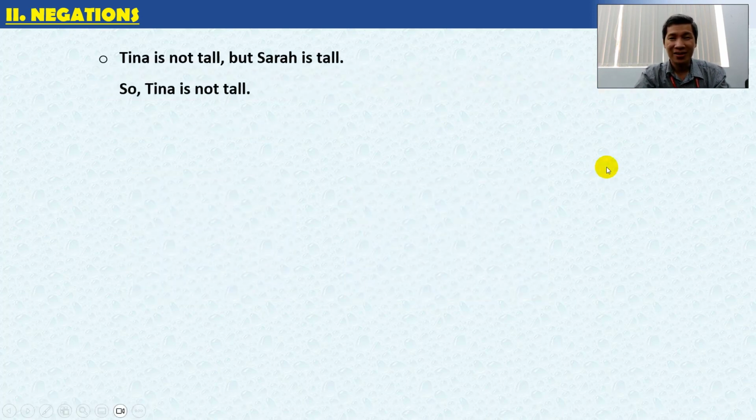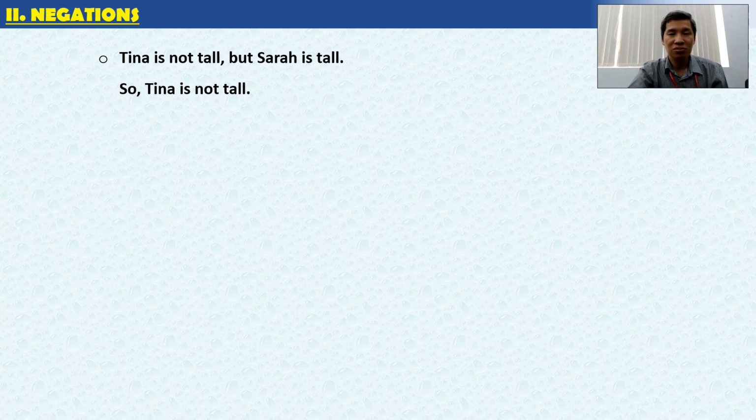Now, let's have a look at this. Tina is not tall, but Sarah is tall. Sounds a little bit confusing. Now let's see whether it's valid or not. When you keep thinking, you read and you think, yeah, maybe we're going to get confused.